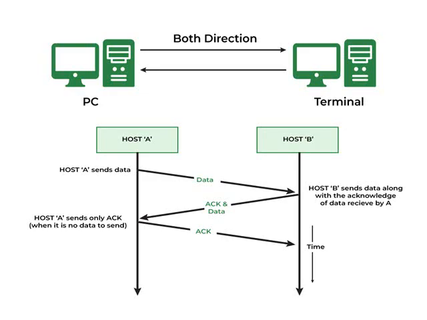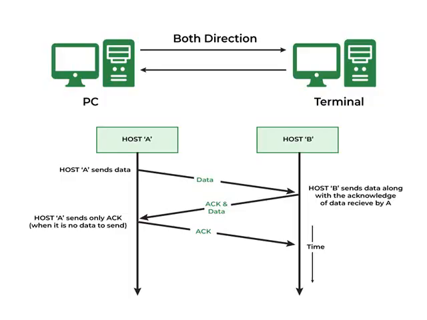The sender sends the data packet. Host B receives the data packet, and when it has to send data to host A, it acknowledges the first frame being sent.